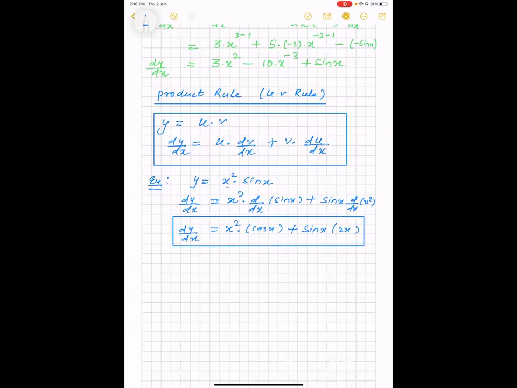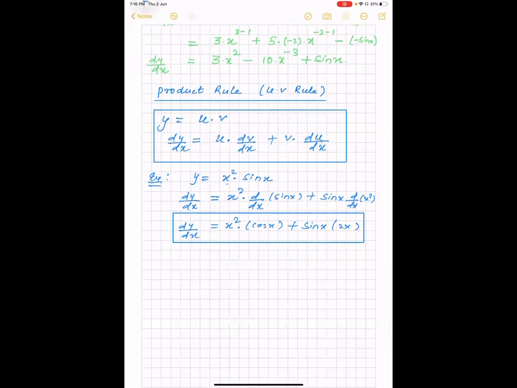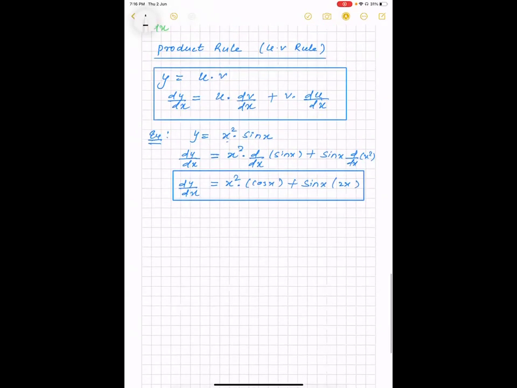I hope it's clear. Now, the way we have the product rule, we can have something known as the quotient rule as well. Let's understand what this quotient rule is. Also known as U by V. That means we have one function above another function.